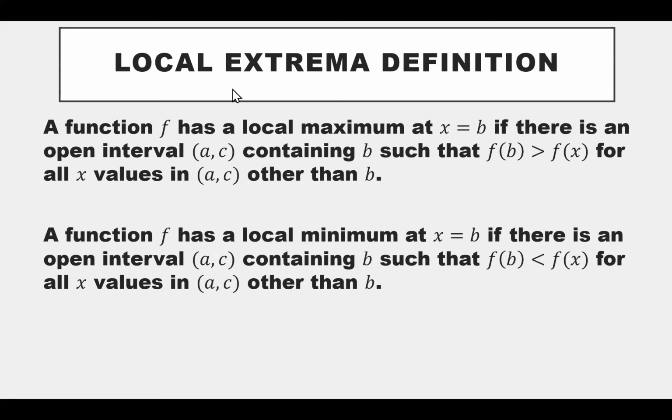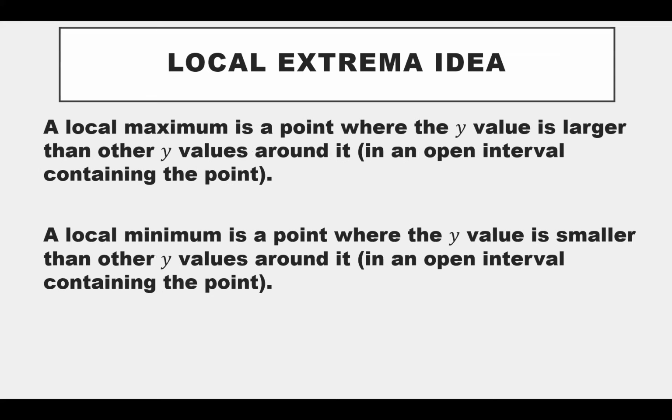Now, this is local extrema. So basically, if we see a maximum, it's going to be the highest point in a region surrounded by that point. A local minimum point is going to have the lowest y value in a region around that minimum point. That's the idea of local extrema. A local maximum is a point where the y value is larger than other y values around it. So that's what we mean by open interval containing the point.